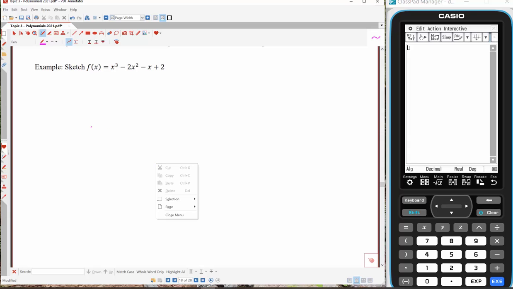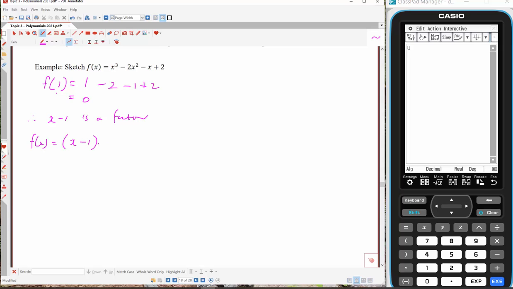Alright, so sketch this thing here. So what we'll do is we'll use the remainder theorem to find a linear factor. So we're going to go f of 1 equals 1, take away 2, take away 1 plus 2, and we've already hit a winner. So the conclusion is x take 1 is a factor. Again, you can use whatever technique you want to factorize this. I'm going to equate coefficients. So f of x equals x take 1 multiplied by x squared, then -2, and this one we don't know yet.